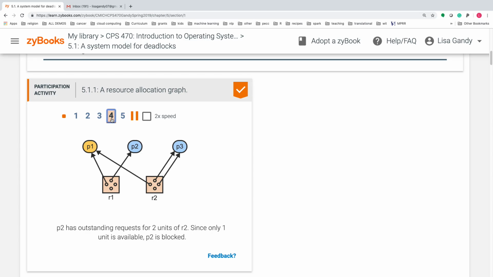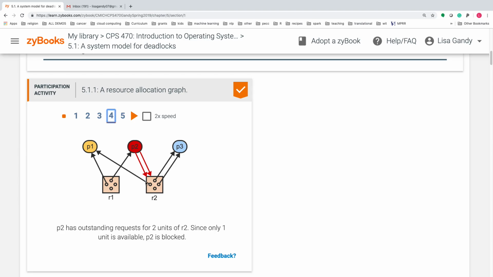Okay. And then P2, okay, so also we haven't seen before, a process can make multiple requests. Like the process could say, I need 2 units of this resource. And so it would basically block if it doesn't get the 2 units. And it needs to be right now, at the same time. So that's what's happening here.